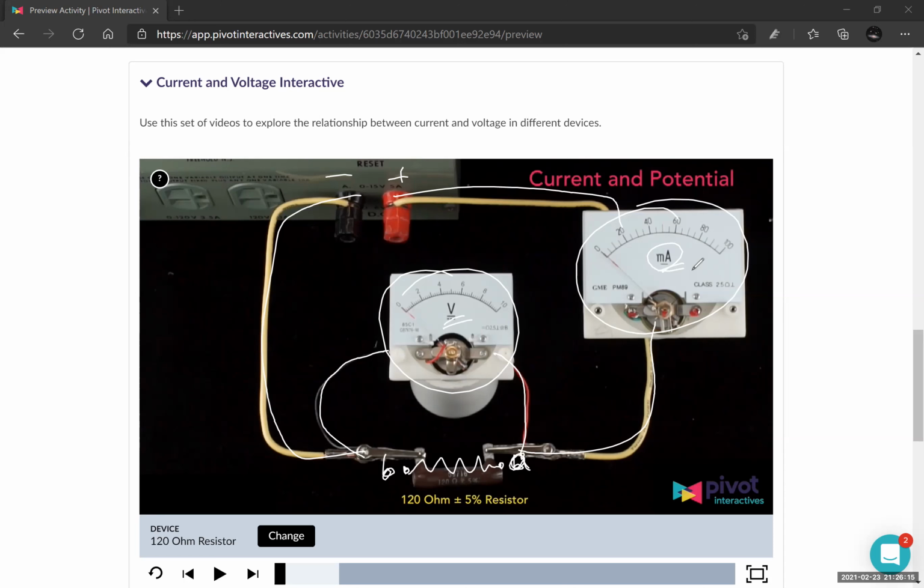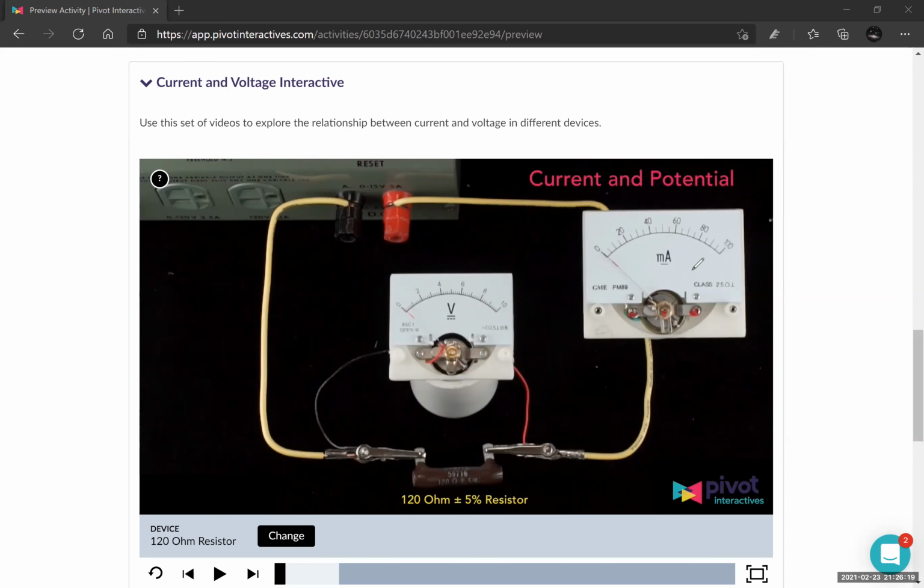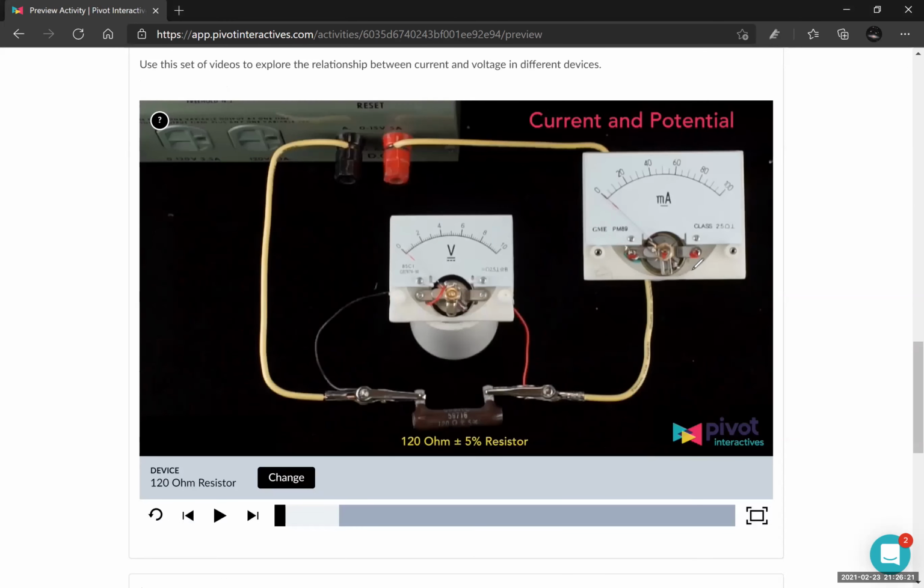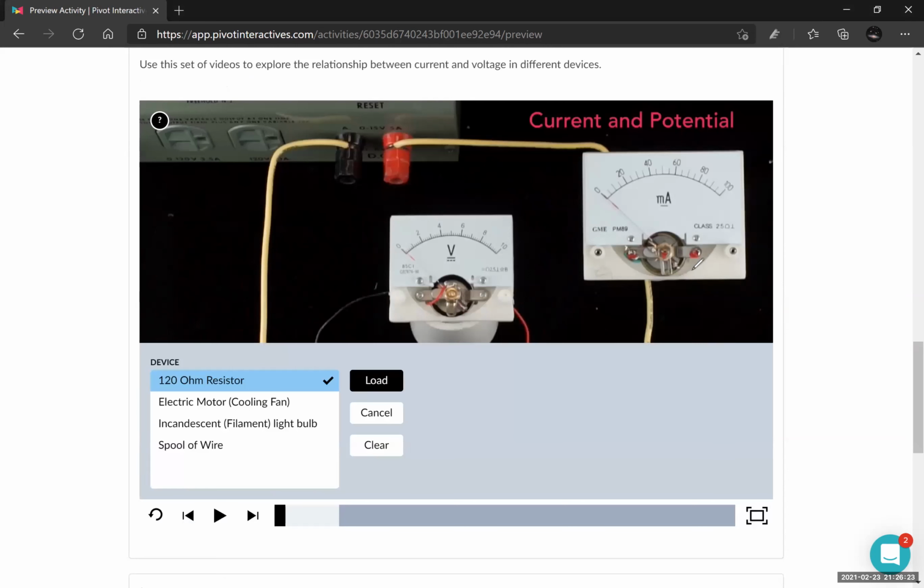So for our experiment, you can have a 120 ohm resistor, an electric motor cooling fan, an incandescent filament light bulb, and a spool of wire. So you have 4 different devices. You're going to do the same experiment for all 4 devices and see which one is ohmic and which one is not. That means verifying Ohm's law.